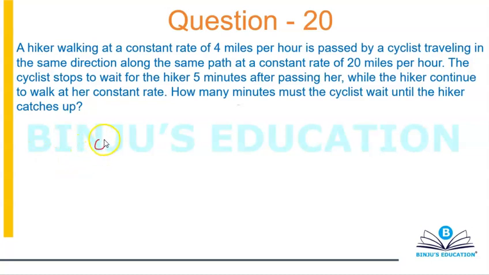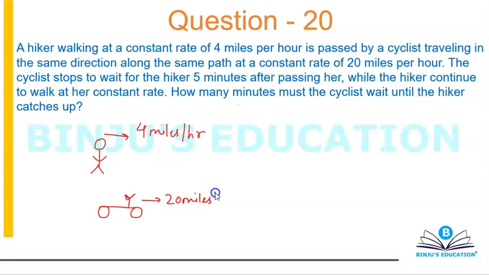Okay, this hiker is going at 4 miles an hour, and there is a cyclist going at 20 miles an hour in the same direction.